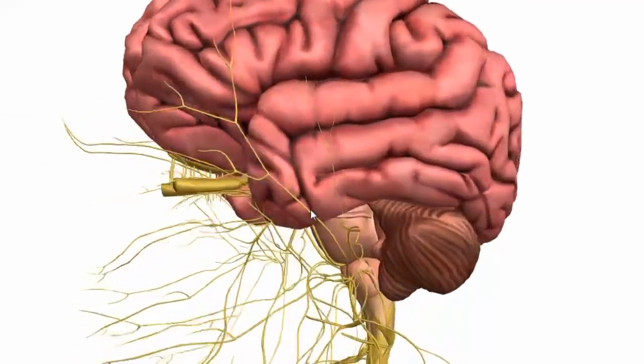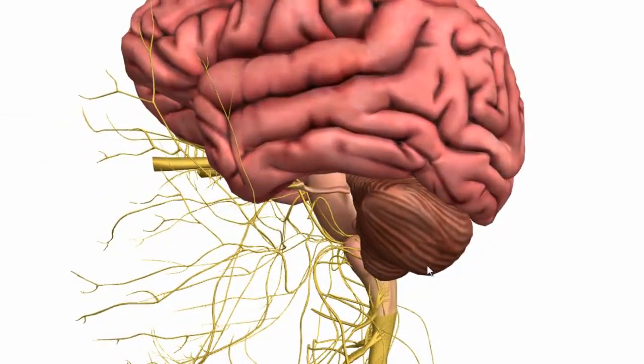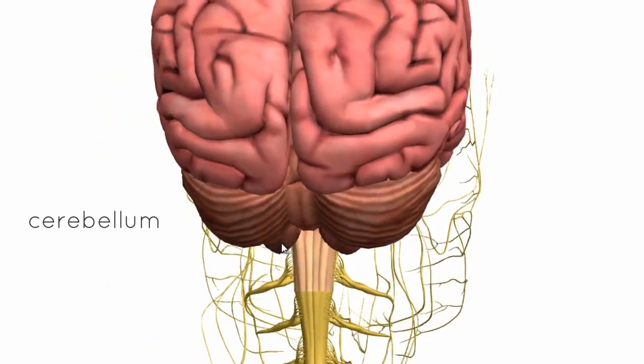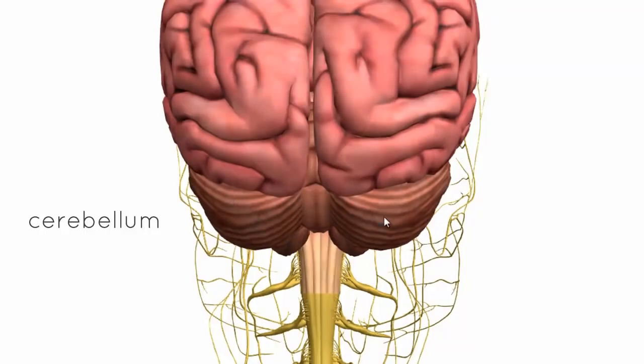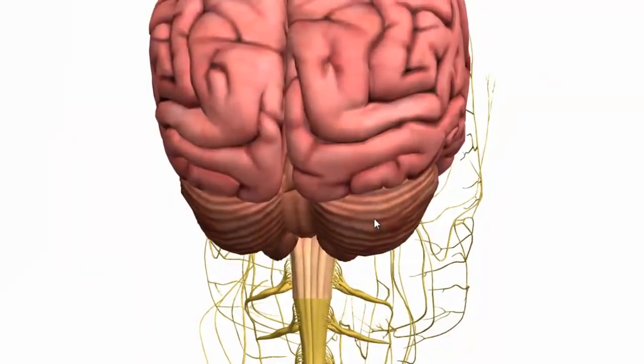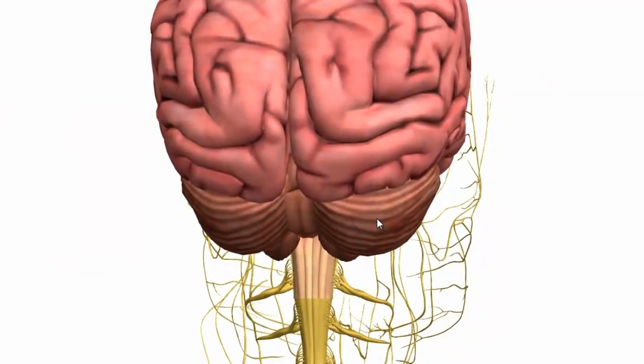The cerebellum is this part of the brain which sits behind the brainstem. You can see it here sitting directly behind the brainstem, and you can see it has these two lobes. Cerebellum means little brain in Latin, and it has loads of connections with the brainstem, and it's important in motor control and coordination, balance and muscle tone and that sort of thing.